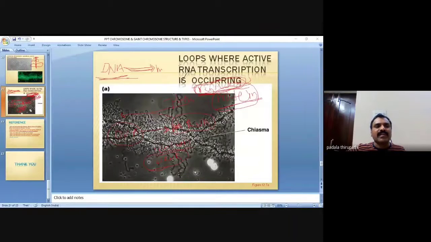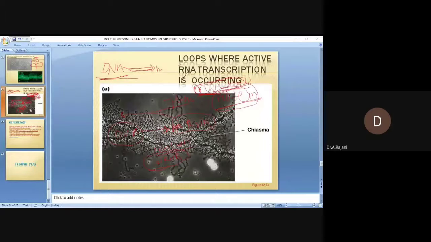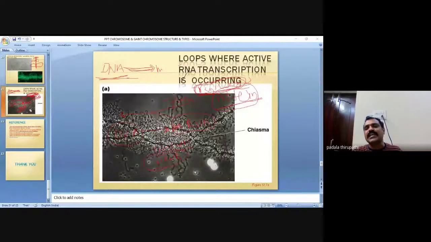Which family does this corn plant belong to? Okay, Gramineae family, very good. Earlier we called it Gramineae, but according to ICBN the family name should end in -aceae, so Gramineae is now called Poaceae.